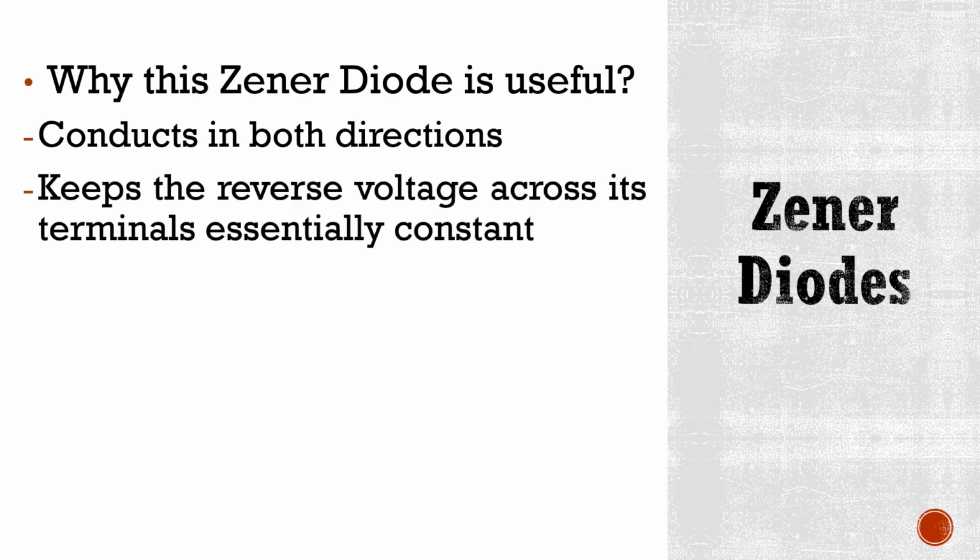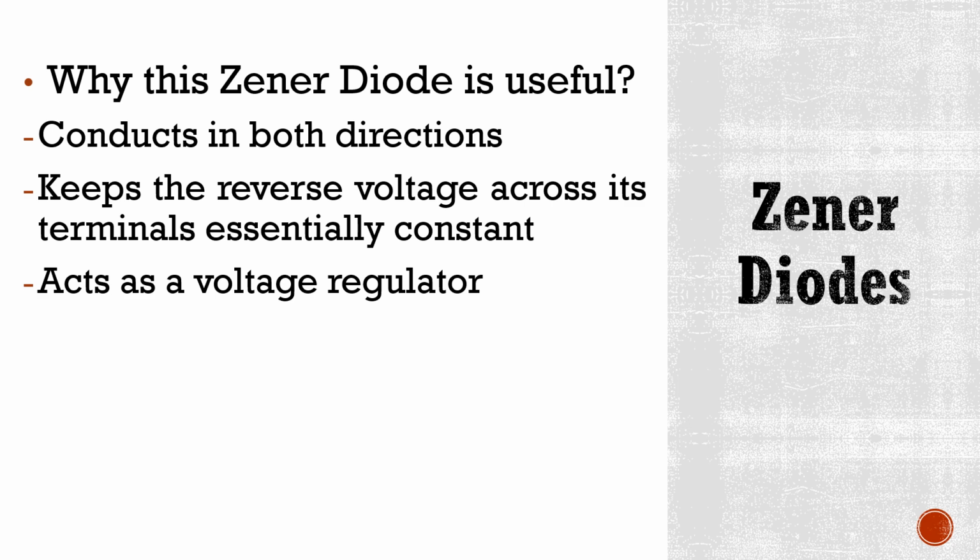The ability to keep the reverse voltage across its terminals essentially constant is the key feature of these Zener diodes. A Zener diode operating in the breakdown region acts as a voltage regulator because it maintains a nearly constant voltage across its terminals over a specified range of reverse current values.